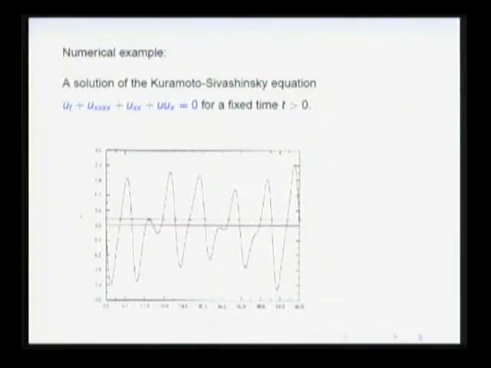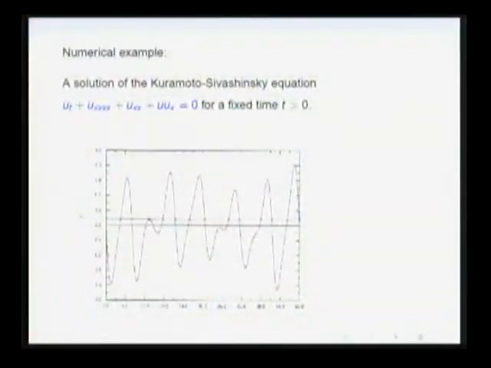So if you take the Kuramoto-Sivashinsky equation, why Kuramoto-Sivashinsky? If you take a second-order parabolic equation in 1D, like the heat equation or, let's say, Burgers' equation, the number of zeros, because of the maximum principle, will decrease.